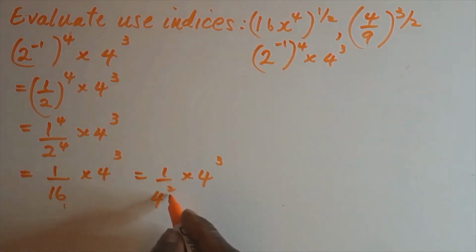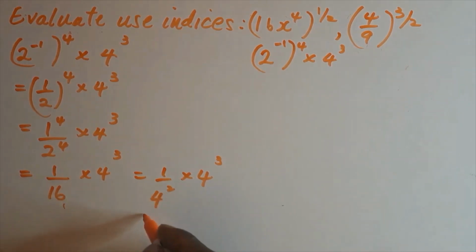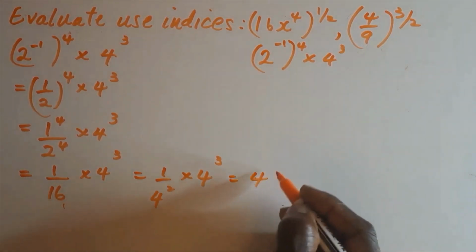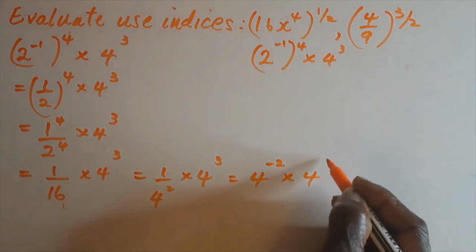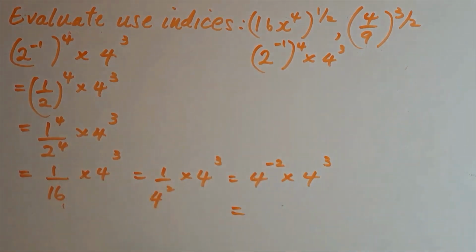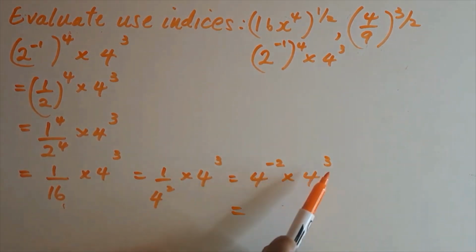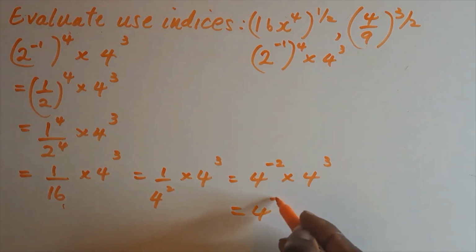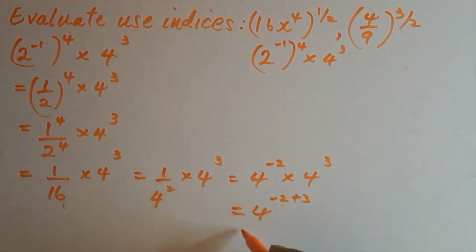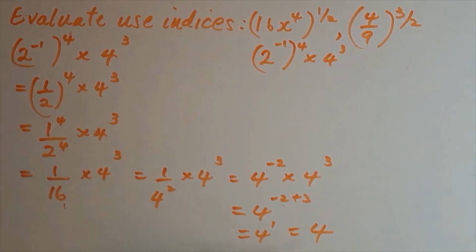Now I'll take this into the numerator, and this becomes 4 raised to -2, and we're multiplying this by 4 cubed. We apply the law of indices, which indicates that we can add indices because the bases are the same. So this becomes 4 to -2 add 3, 4 to 1, which is 4. So this evaluates to 4.